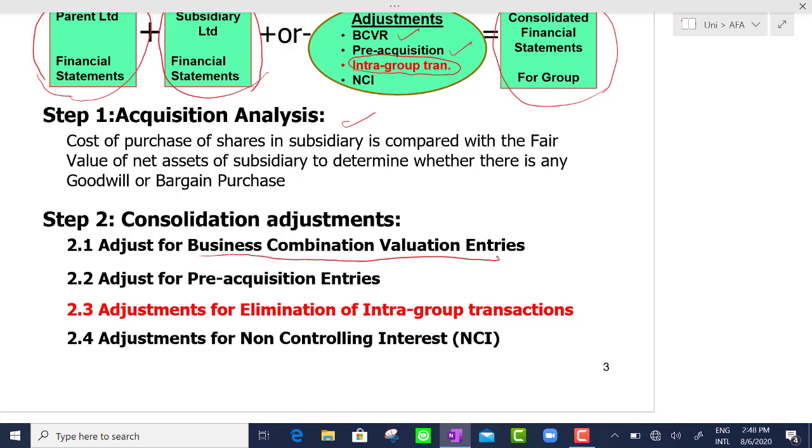And pre-acquisition entries, you have to eliminate the investment in the subsidiary company against the equity balances of the subsidiary company at the date of acquisition. There you need the pre-acquisition entries. As I explained earlier, today's focus is on elimination of intergroup transactions.